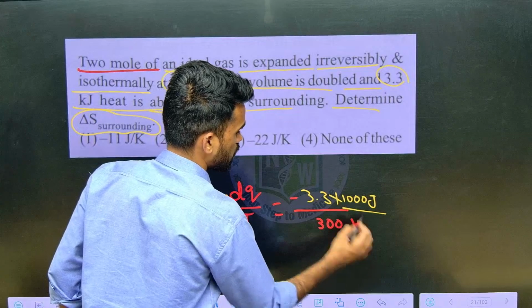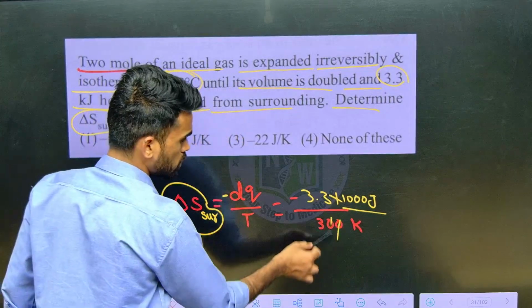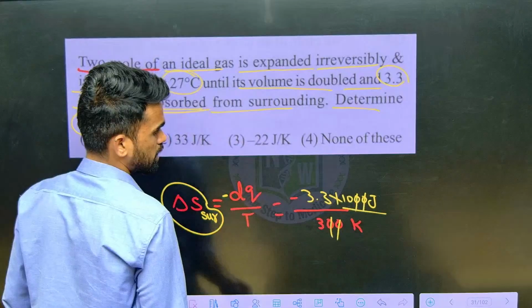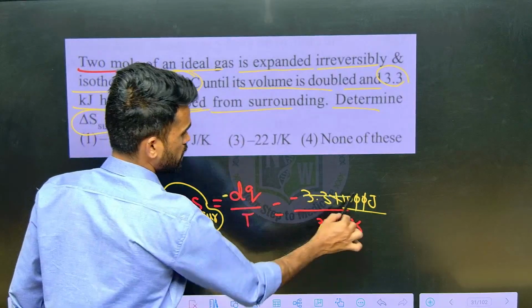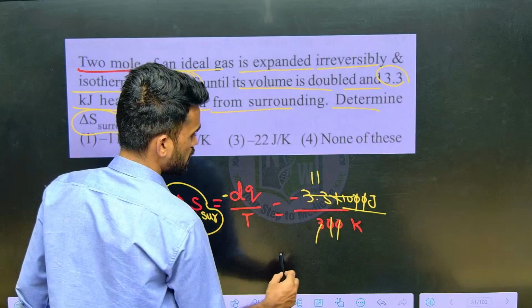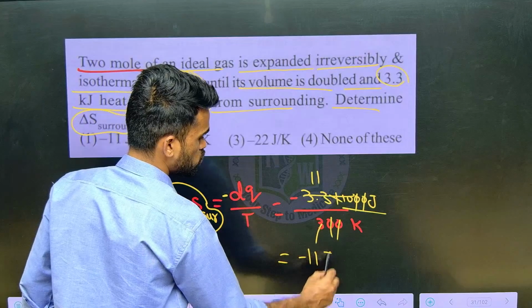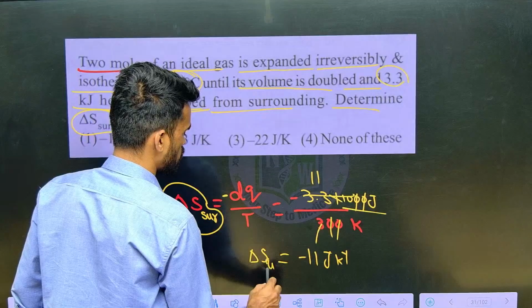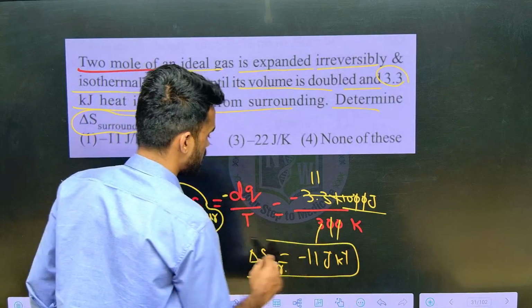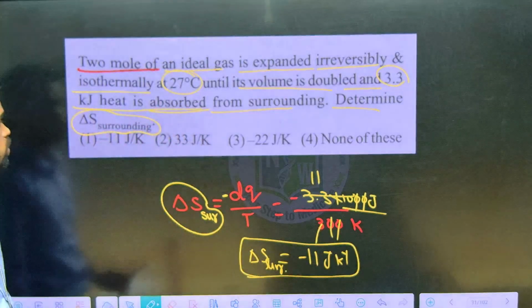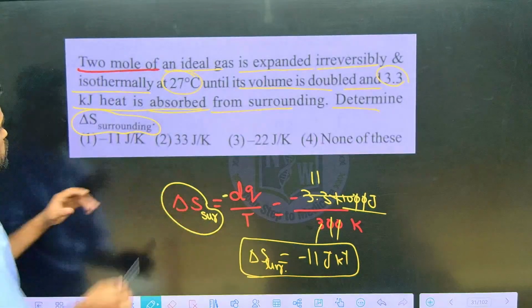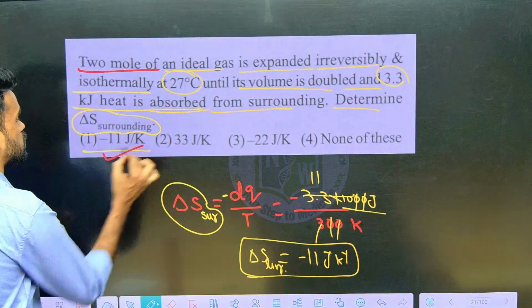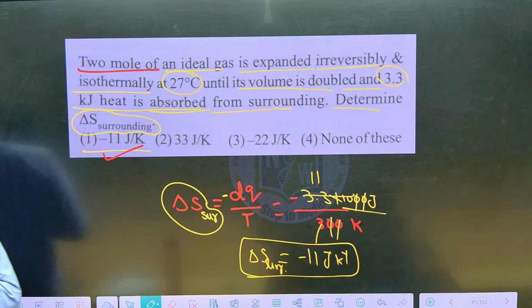These two zeros cancel, so it becomes 33 by 3, which is 11. So it is minus 11 joule per Kelvin. This is the entropy change for the surroundings. Is this clear, guys? Everyone, is this clear? Okay, right. If you see the options, the first option is our answer for the discussion.